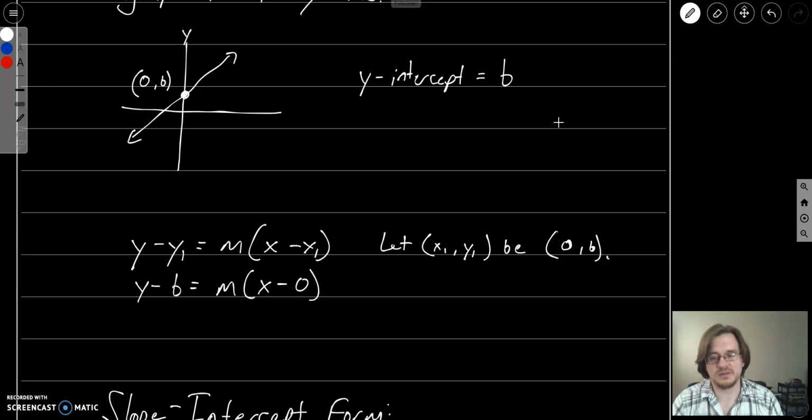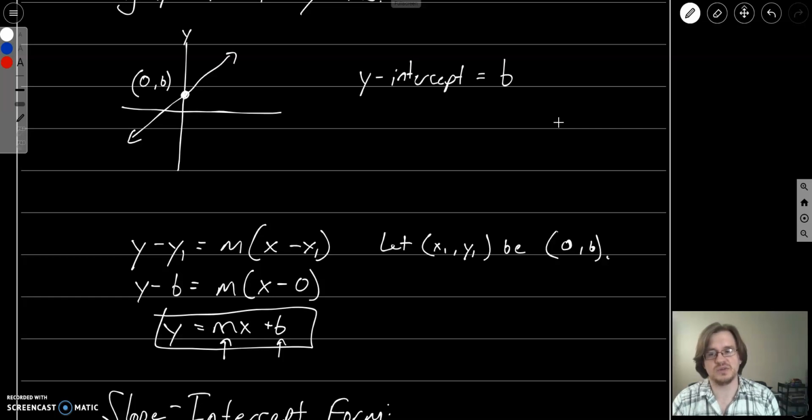Well, I can simplify this. x minus 0, well, that's just x, so the right-hand side simplifies to mx. And if I add b to both sides, I can cancel that over here, and I get y is equal to mx plus b.